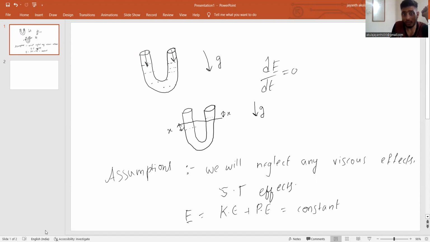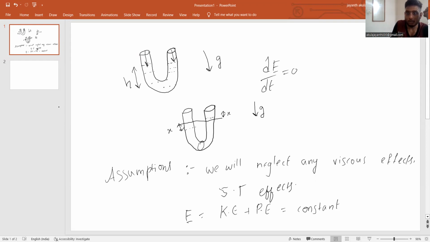Also, we will assume that this horizontal portion is negligible compared to the vertical portion. Let us assume the height of the vertical portion as h.